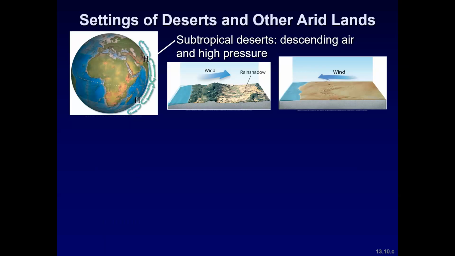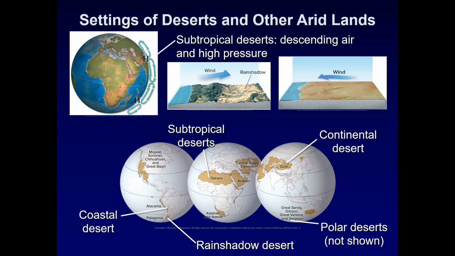We'll look at some settings. You can have coastal deserts where cold upwelling ocean currents cool the air and decrease its ability to hold moisture. You can have subtropical deserts.